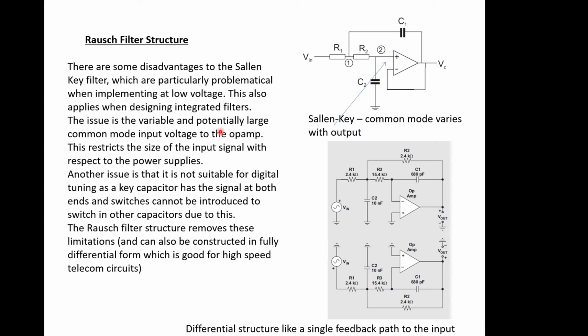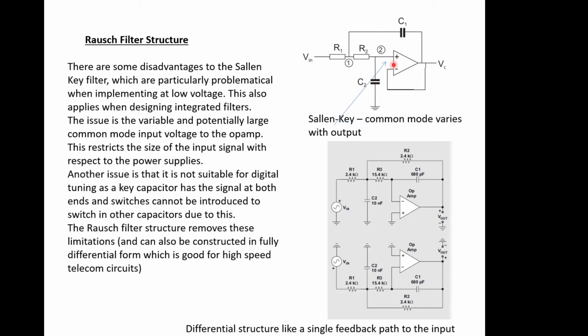And we've seen with op-amps there are some issues with common mode and also rail-to-rail operation. So the Sallen key falls foul of some of those issues. In the Sallen key circuit, for example, you can see here that the common mode voltage here is not constrained. It depends on the output voltage, and to a certain extent on the input voltage.